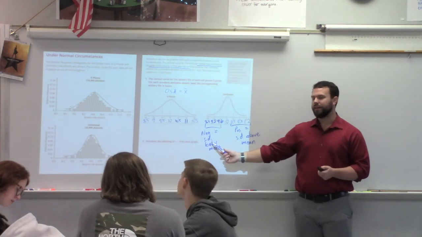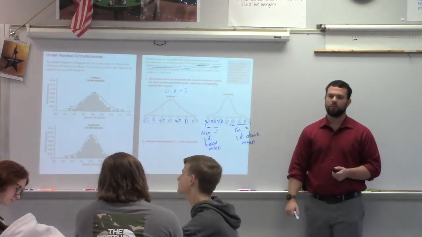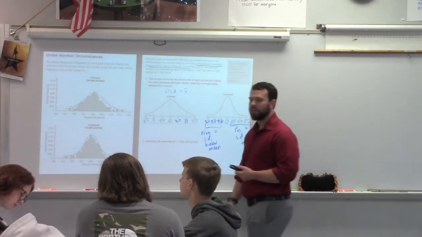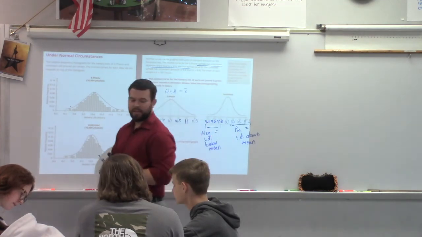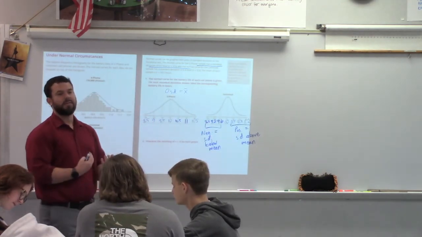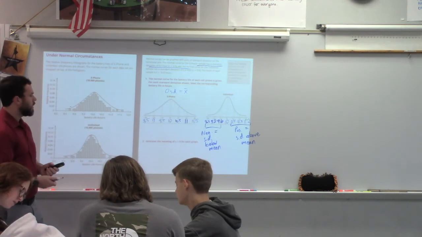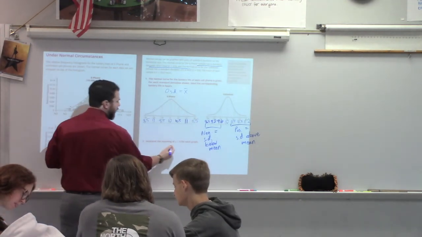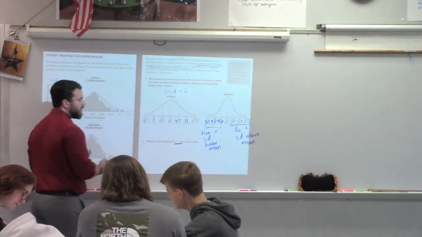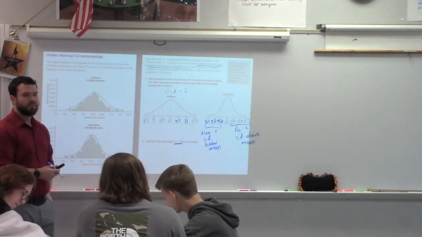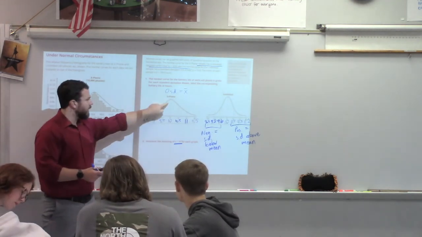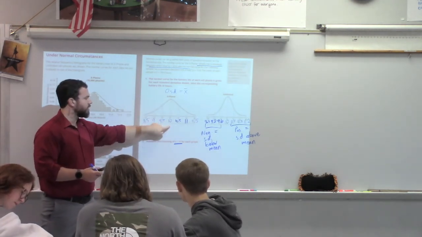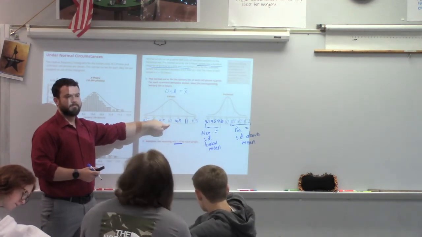SD, standard deviations below mean. And so we just want to recognize that if it's negative standard deviations, we're talking about below the mean. And so here it has us interpreting what is the meaning of S equals 0. That's this part right here. The number of standard deviations is 0, that's the mean.